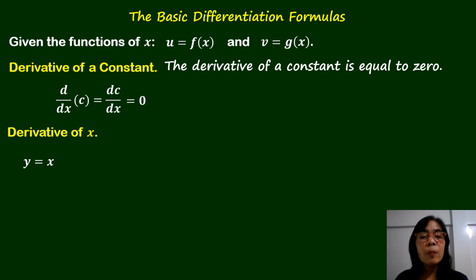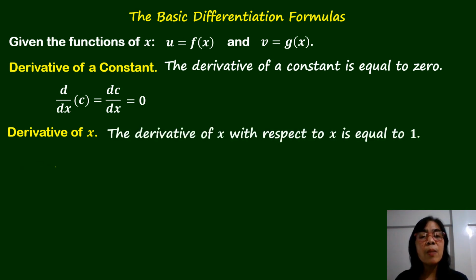Or if we compare this with the standard form of the straight line, y is equal to mx plus b, m, which is the coefficient of x, is its slope. So in this equation, y is equal to x, the slope is equal to 1. So since the slope of a function is equal to its derivative, then we say the derivative of x with respect to x is equal to 1. In symbol, we have here the derivative of x with respect to x is equal to 1.